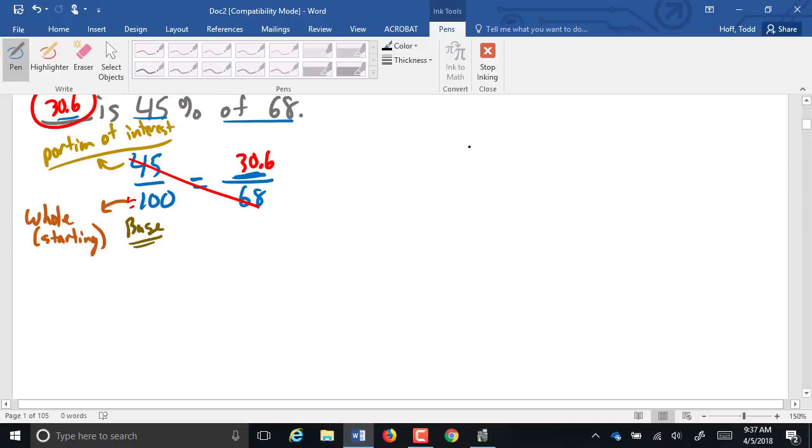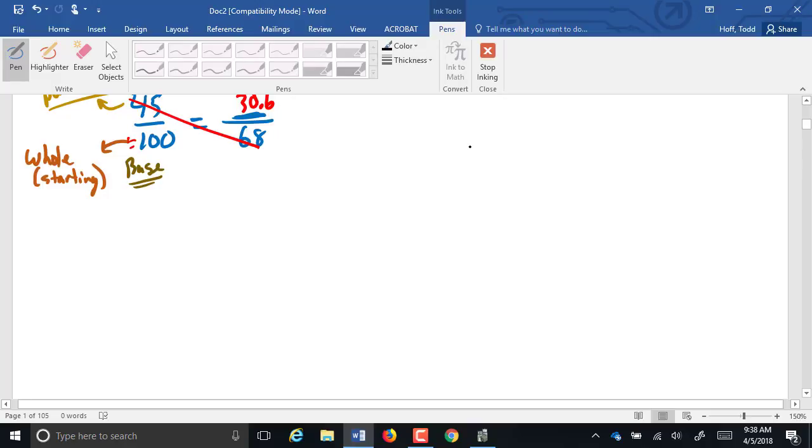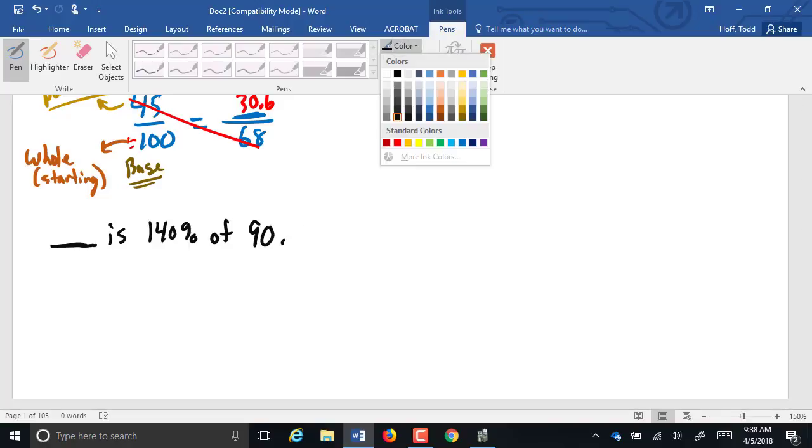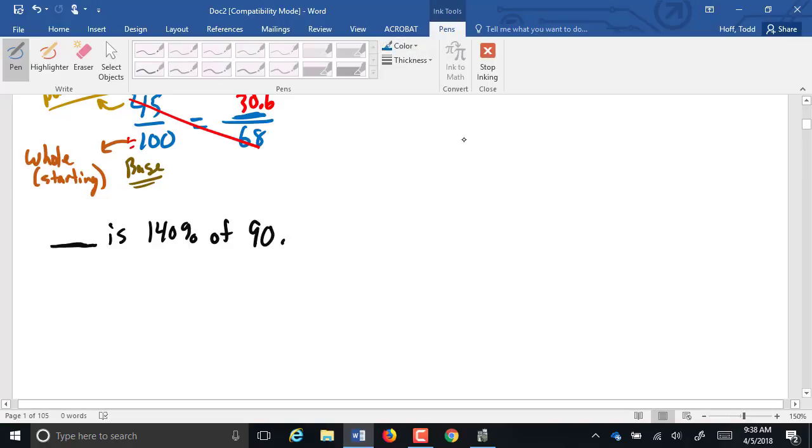Now these problems can look a lot different. We might have something like this. Now let's do another simple example first. Blank is 140% of 90. So where do we start here? The percent.